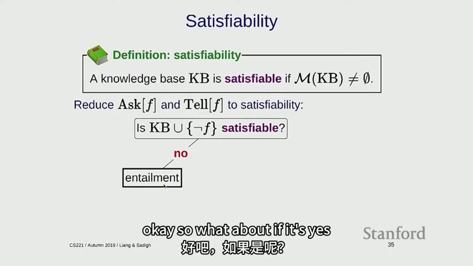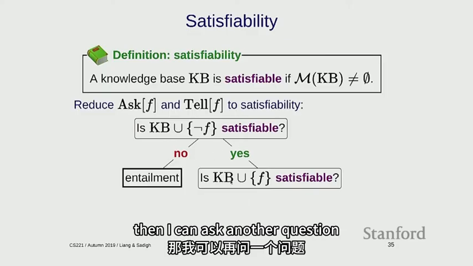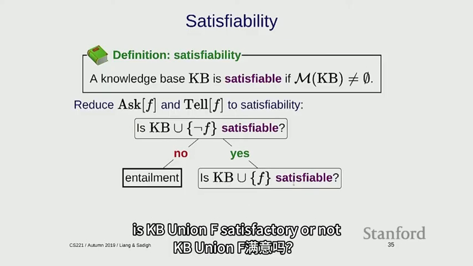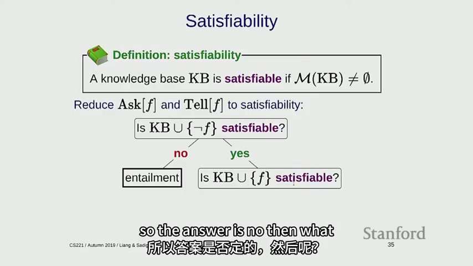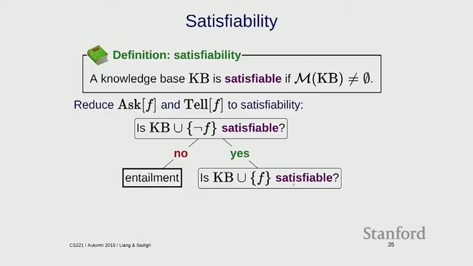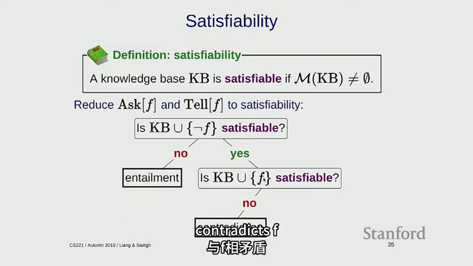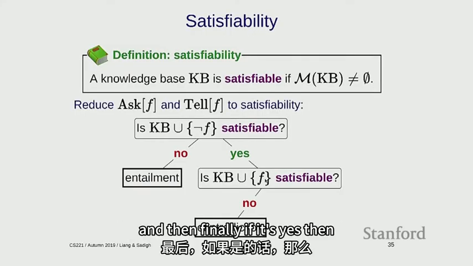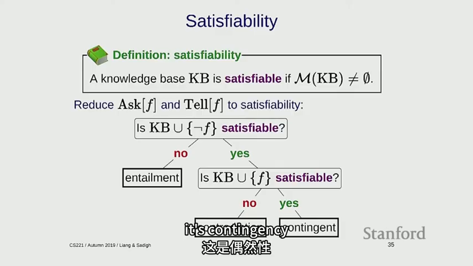So what about if it's yes? Then I can ask another question: is KB union F satisfiable or not? If the answer is no, then what should I say? It should be a contradiction, because this literally says KB contradicts F. And finally, if it's yes, then it's contingency.